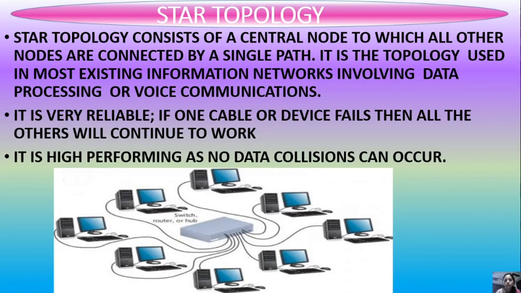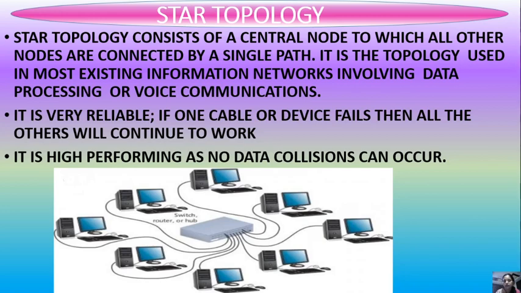Now some more points related to star topology. Star topology consists of a central node to which all other nodes are connected by a single path. It is the topology used in most existing information networks involving data processing or voice communications. It is very reliable.